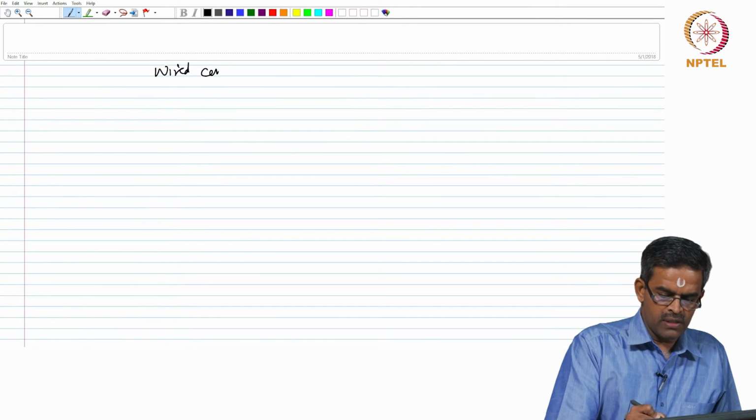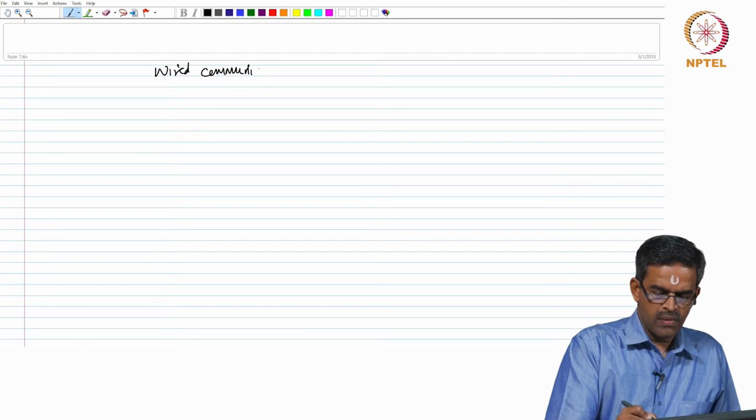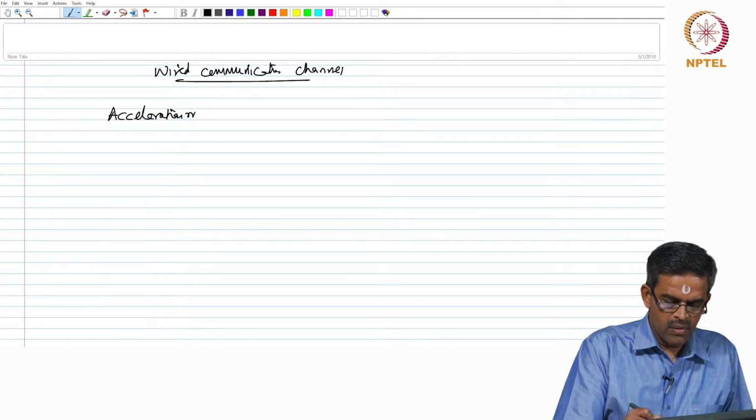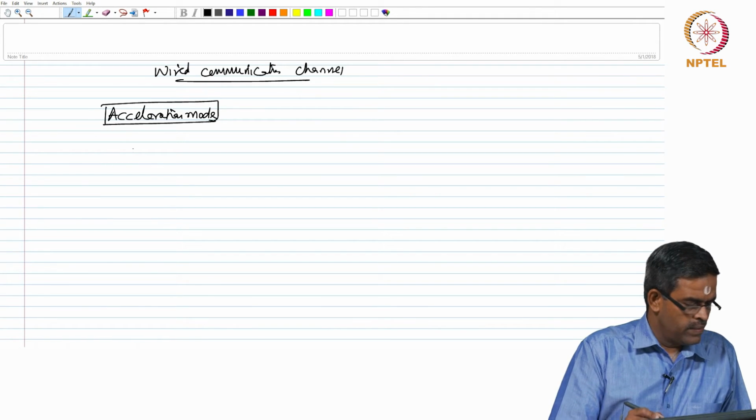In the wired communication system, there is an acceleration sensor, which essentially is ADXL335.